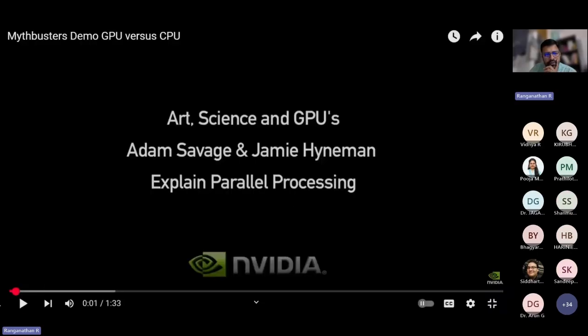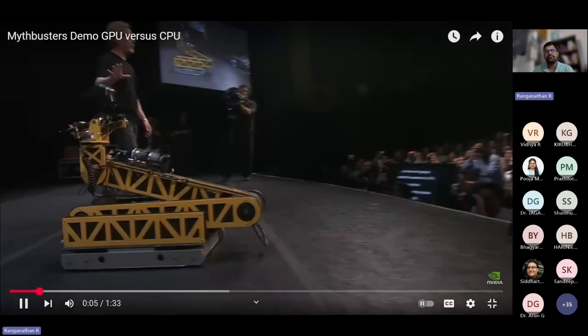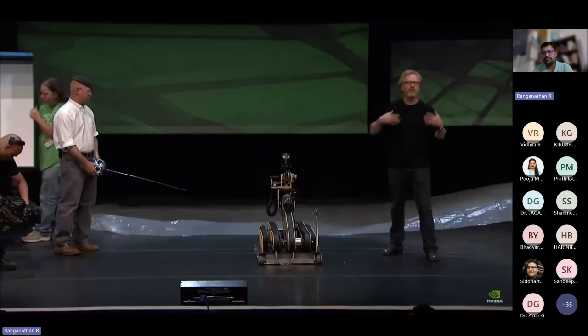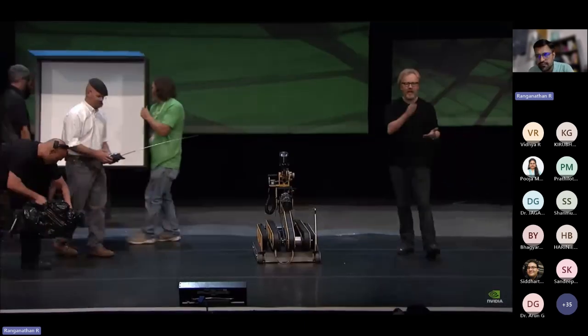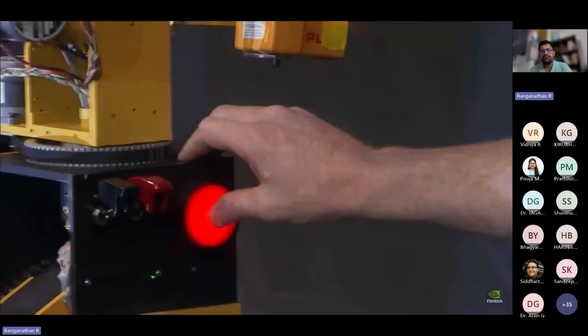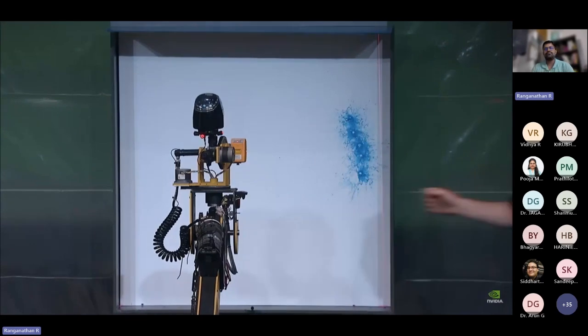Okay. All right, I introduced to you Leonardo, and he's going to paint a picture for you guys in the way that a CPU might do it, as a series of discrete actions performed sequentially, one after the other. In 3, 2, 1. Let me speed it up.